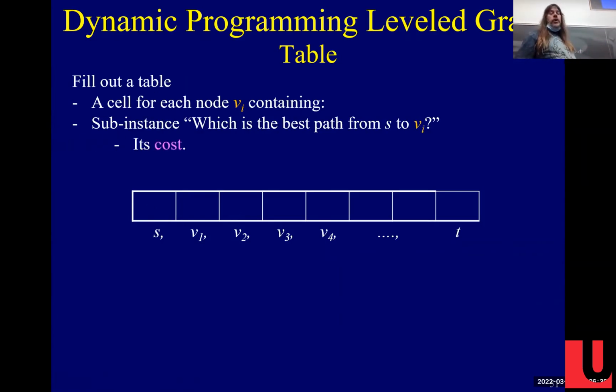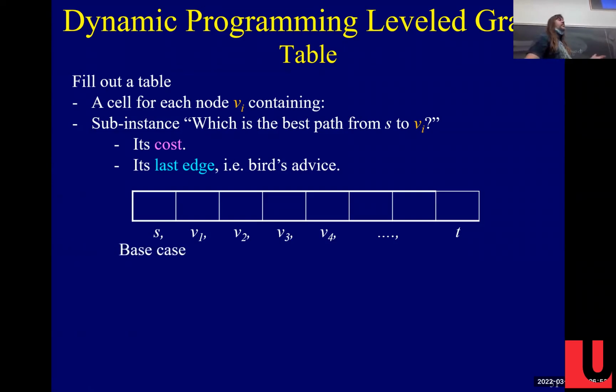So you need to know the set of sub-instances that you need to solve, and what you store in there: the cost and the bird's advice, which was the last edge, right? Everybody following that? And that's the base case. So you do that first, and that's the entire problem, so you do it last, right?